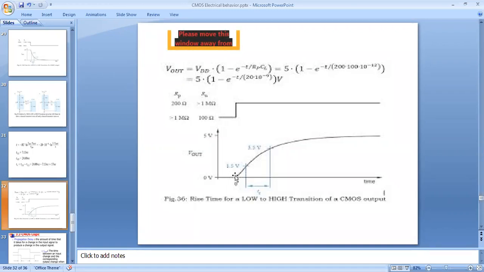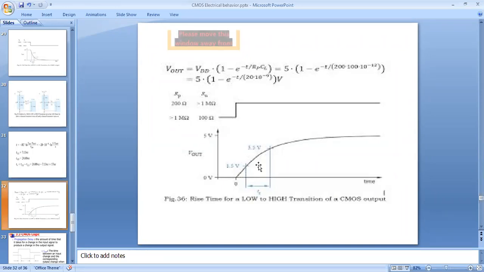What is this curve? An exponentially rising curve. At t equal to 0, it has 0 volts. After that, it exponentially rises and reaches 5 volts.